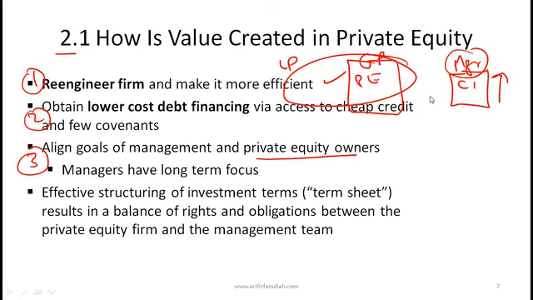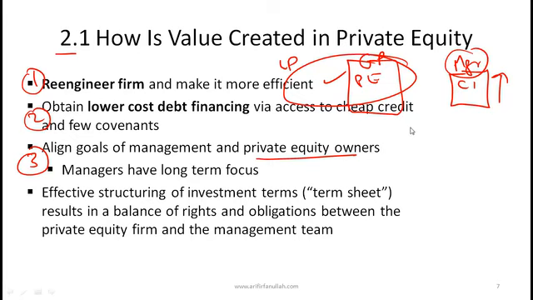Managers in this context will often have a long-term focus. Why is this an advantage, and how is this different from public companies? In a publicly traded company, does management have an incentive to maximize earnings in the short run? Very often they do, because a lot of bonuses are based on short-term goals, and sometimes management might just be there for a short time.